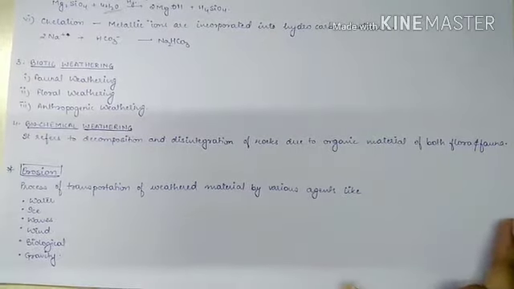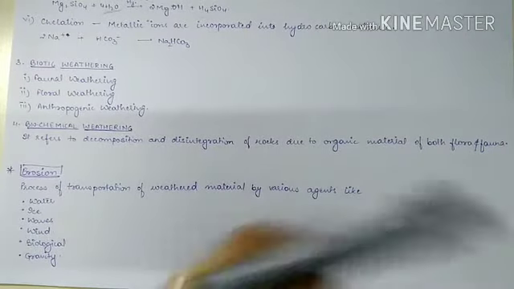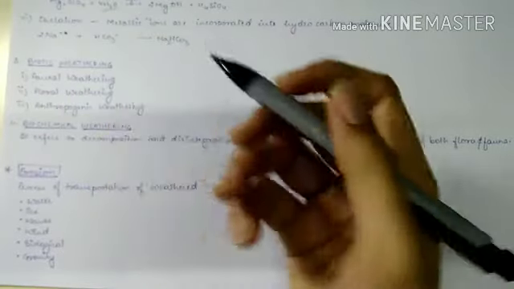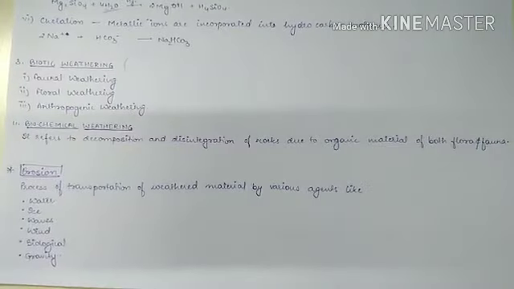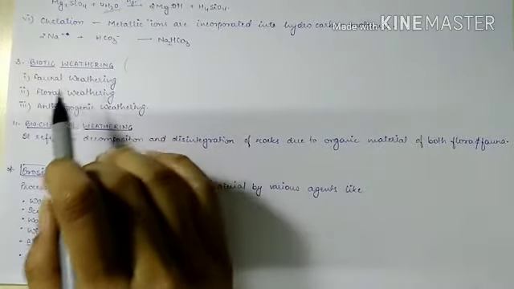Now next we have biotic weathering. Now we all know that biotic communities like flora and fauna are always indulged in destructive work like disintegration and decomposition of rocks. So flora and fauna are involved in weathering.